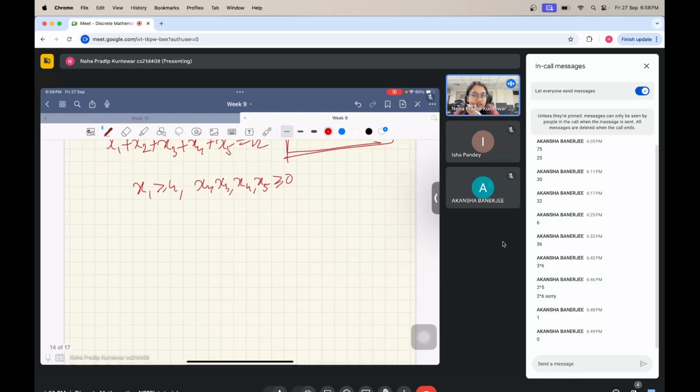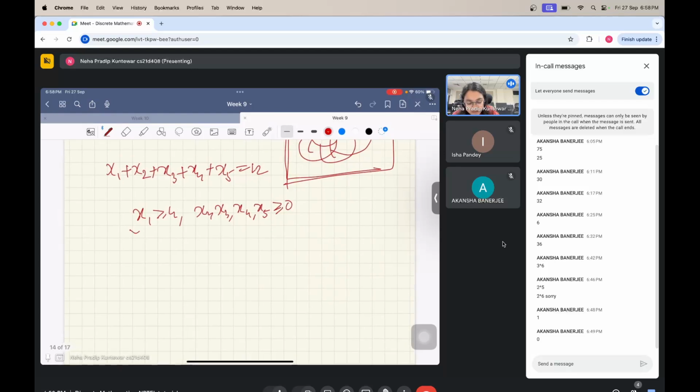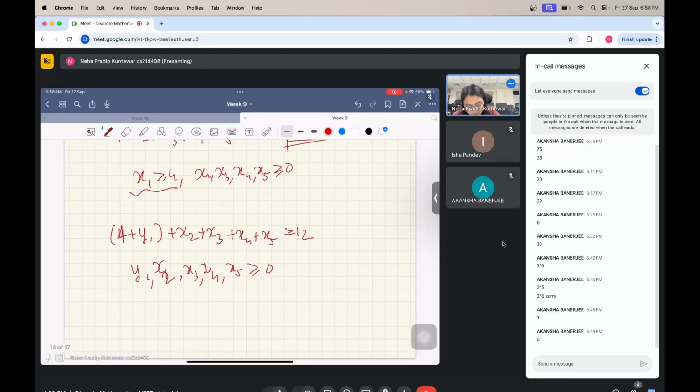Like we said earlier, you can replace x1 with a new variable y1. So this is 4 plus y1 plus x2 plus x3 plus x4 plus x5 is equal to 12, where y1, x2, x3, x4, x5 are at least 0. Then you can move this 4 to the left hand side, so this becomes 8.